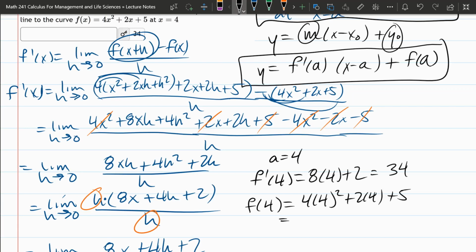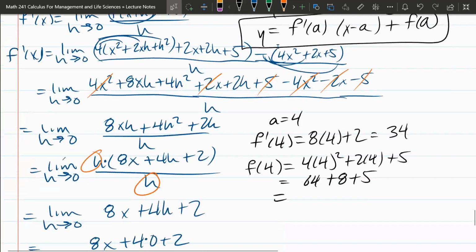So it's 16, 32, 64 plus 8 plus 5. 64 and 8, 72, 77. So that's f of 4.